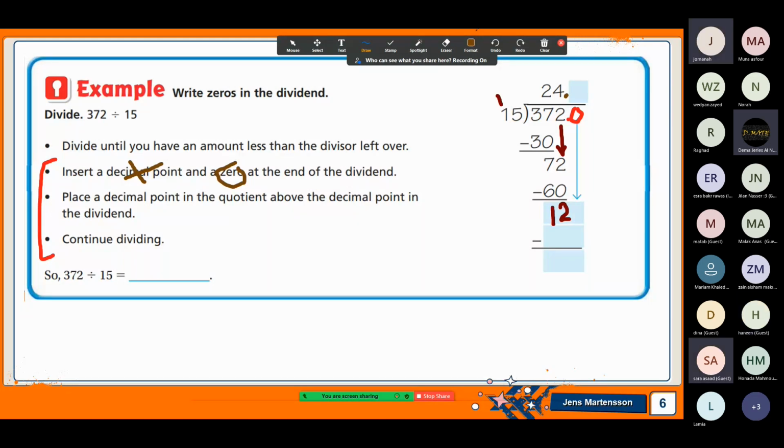Clear, teacher. Okay, now then I will add the 0. Down. Then 120 divided by 15. 6 times 15, 90. 7 times 15, 105. 8 times 15, 120. So what's the number will be?